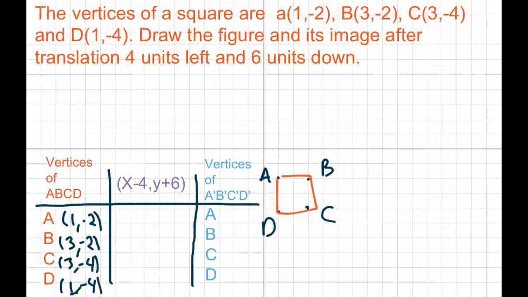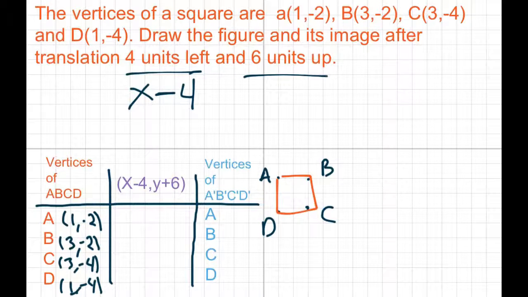This needs to be 4 units to the left and 4 units up. Since it is 4 units to the left, we must utilize our x value. And because it is to the left, we must subtract 4. And then to go up, we will utilize our y value. And then we will add 6, as seen by our notes here.